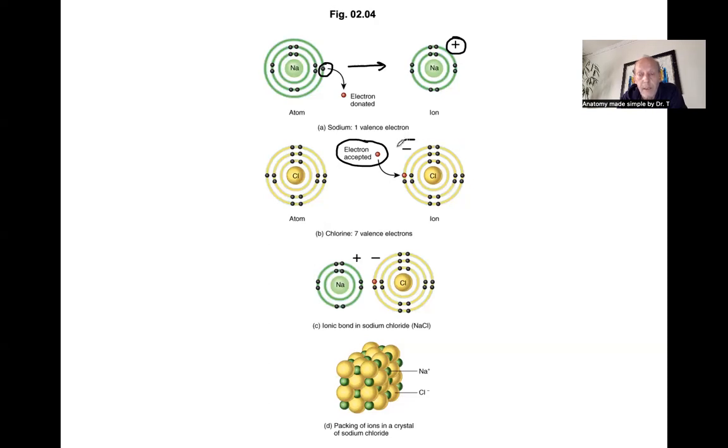Therefore, this becomes an ion of chlorine with a negative charge because of that 1 extra electron being added. Now we're back to basics. We know that opposites attract. A positively charged particle, the ion of sodium, wants to stay as close as it can be with a negatively charged particle, the chlorine ion.